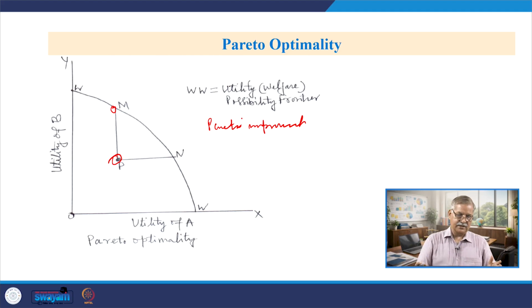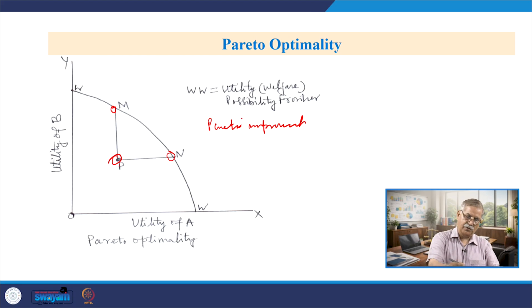If only two persons, A and B, are living in a society, then the overall welfare of the society is improving when the utility point moves from P to M. Similarly, if we move from P to N, it is also a Pareto improvement because in this case the welfare of B is not reduced but the welfare of A is increased. Again it is a Pareto improvement.